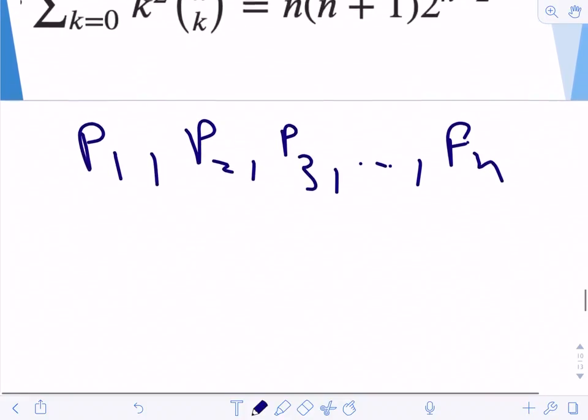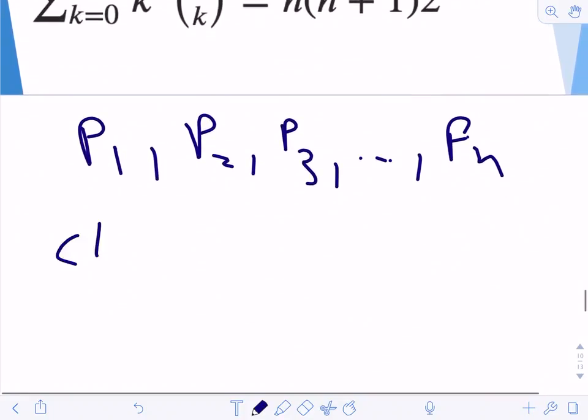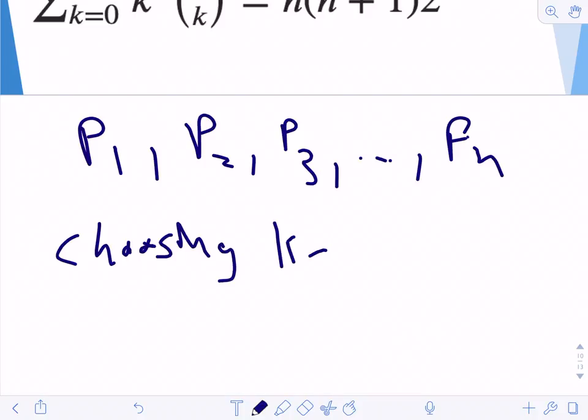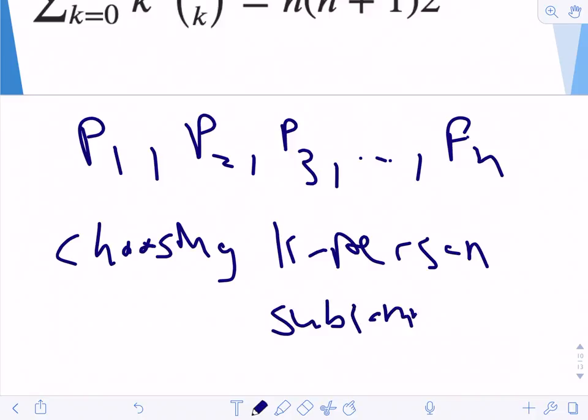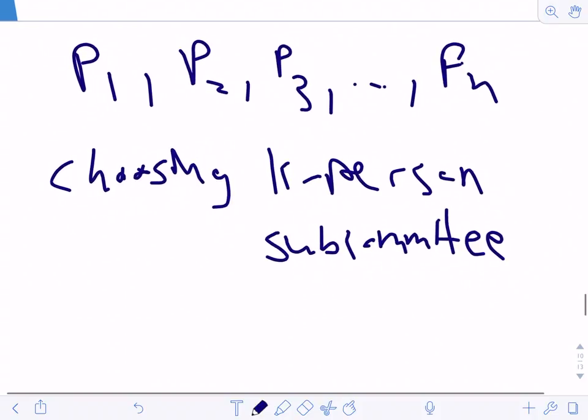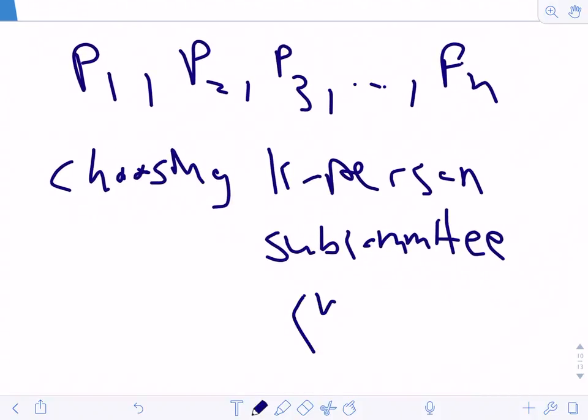The n choose k corresponds to choosing a k-person subcommittee. That's the n choose k.